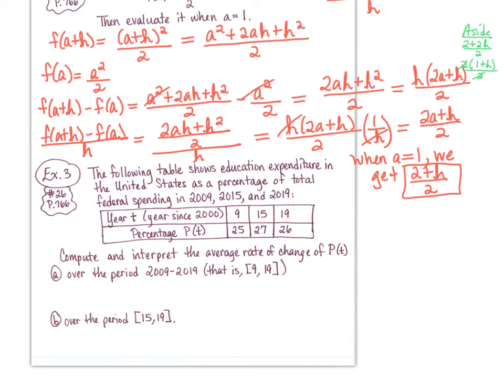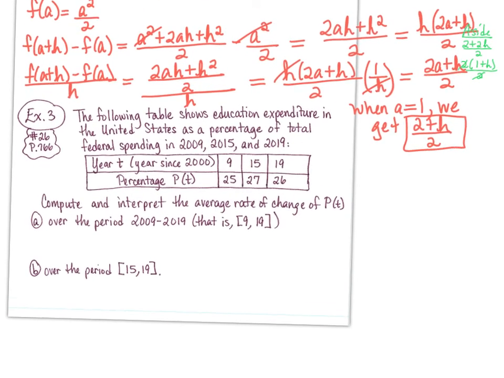The percentage P of T for 2009 is 25, for 2015 is 27, for 2019 is 26. Compute and interpret the average rate of change of P of T over the period 2009 to 2019. That is over the closed interval 9 to 19.